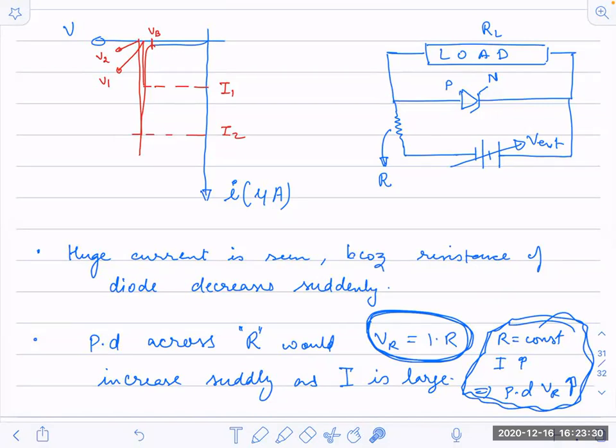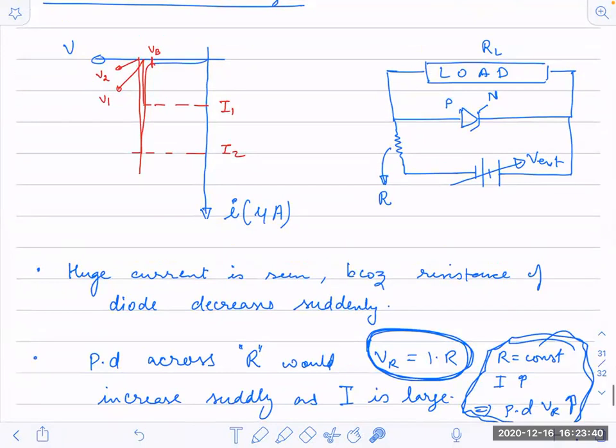Now, next case, what will happen? Suppose the current is less, suppose it lies somewhere over here. I'll just change the color. Suppose the current is lying in this green region, so this current is small, but even though the potential is remaining constant.